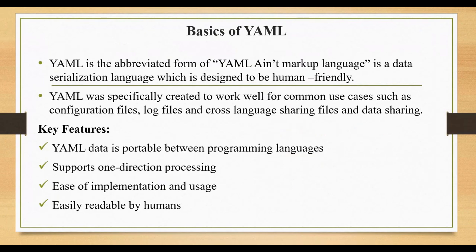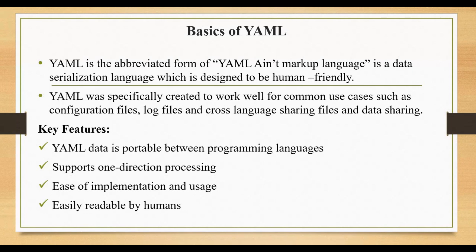Next, we move to the basics of YAML. YAML, which stands for YAML Ain't Markup Language, is a data serialization language designed to be human friendly. YAML was specifically created to work well for common use cases such as configuration files, log files, cross-language data sharing.